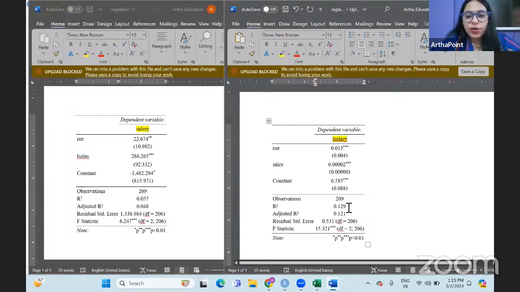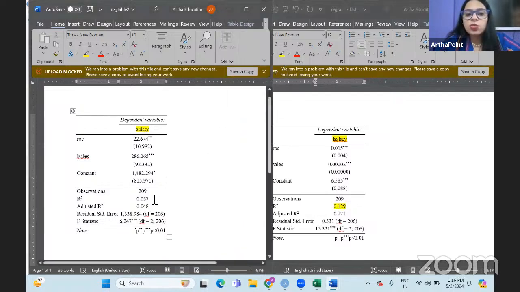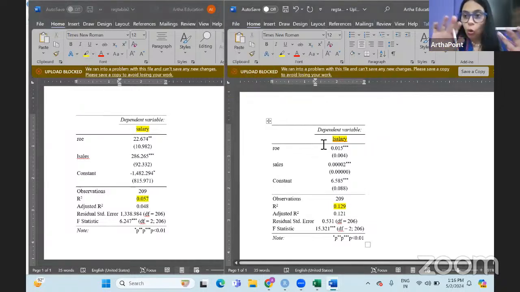So I cannot go ahead and say कि यहाँ पे 12% of variation is being explained. In this model, 12% of variation is explained. And in this model, only 5% of variation is explained. तो दिस मॉडल इज बेटर. नो, ऐसा हम नहीं बोल सकते हैं. We cannot compare the two models because the dependent variable is not coming in the same format.